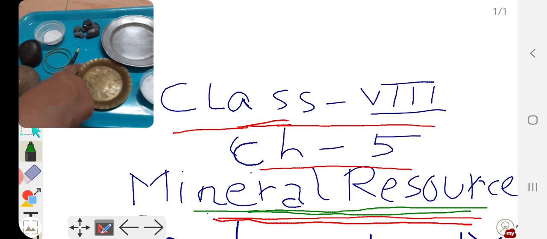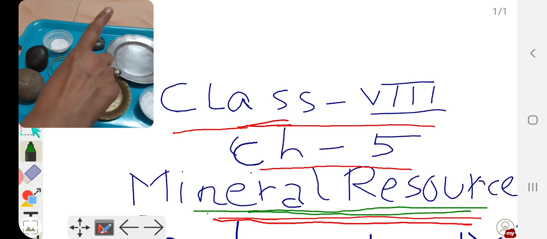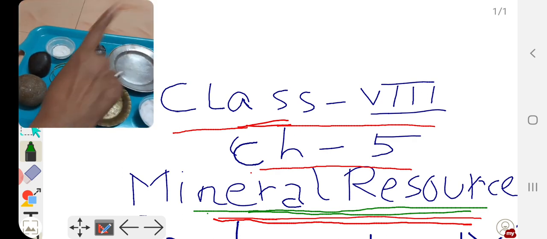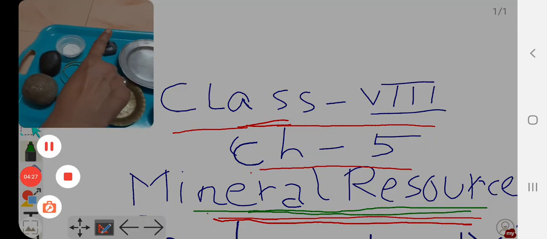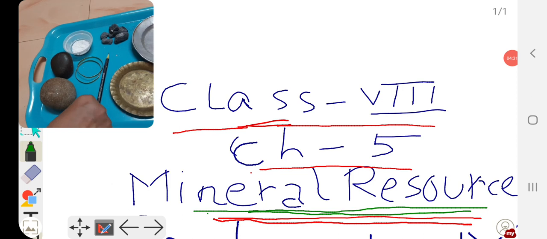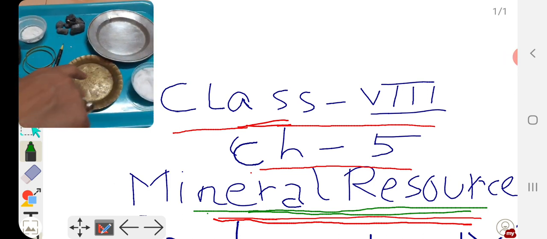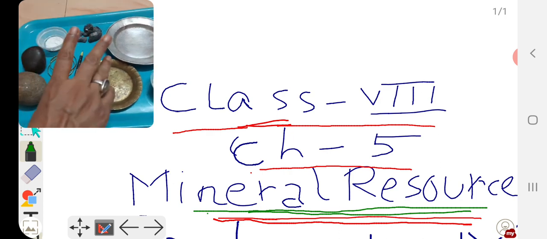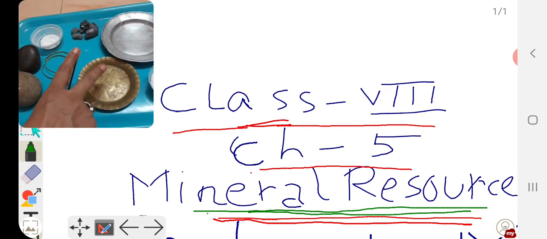Now within the metallic minerals, we have ferrous minerals and the non-ferrous minerals. Now here we got another two categories of the mineral.